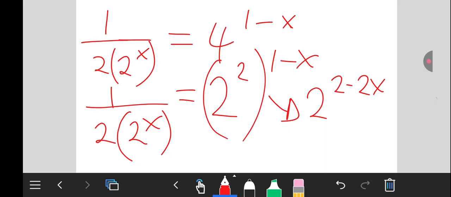Okay, so this is what I have. So this is same as saying 2 to the power 2 over 2 to the power x, that's 2 to the power 2 to 2x, 2 to the power 2x.